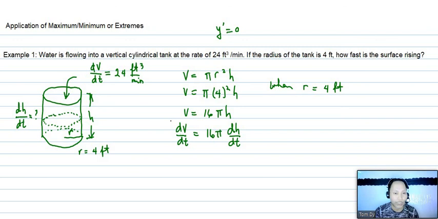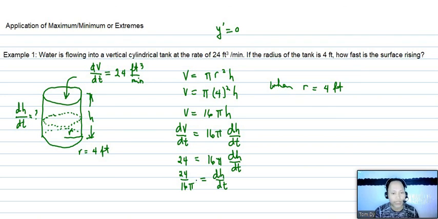And then our dV over dt is equivalent to 24 based on the given, which is equivalent to 16 pi times dh over dt. This time, transpose 16 pi to the other side, that becomes 24 over 16 pi, which is then equivalent to dh over dt.